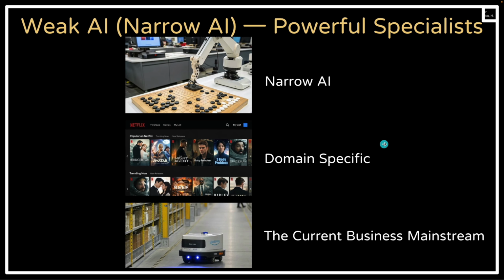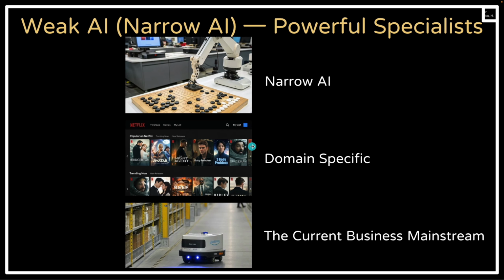Weak AI or narrow AI is not weak in the everyday sense. It is often extremely powerful, but only within a specific task domain. A Gomoku playing AI can beat world champions, but it cannot suddenly become a doctor, a lawyer, or a marketing strategist.